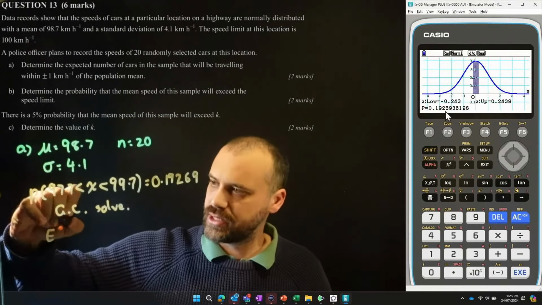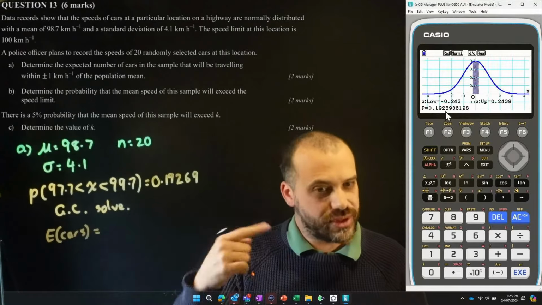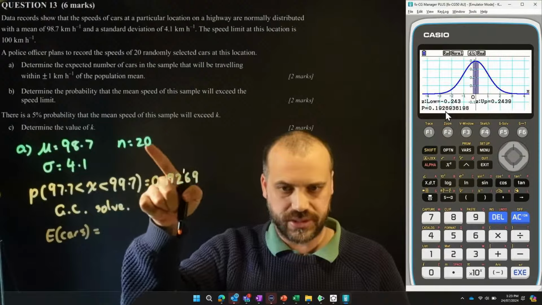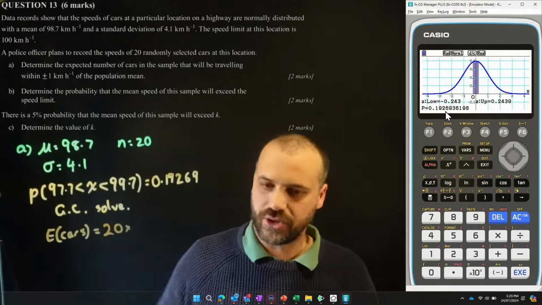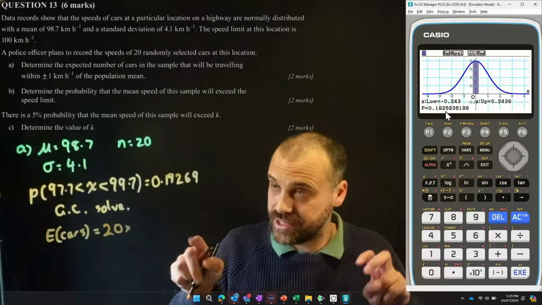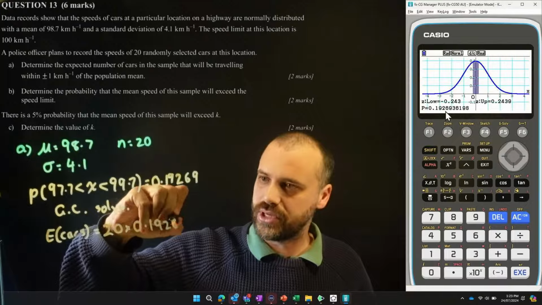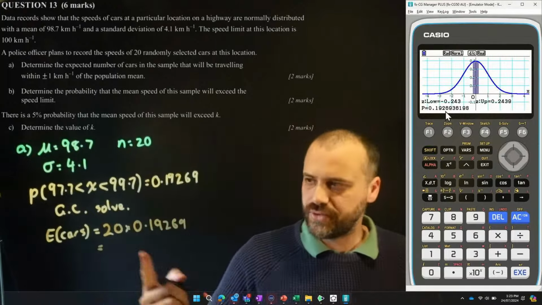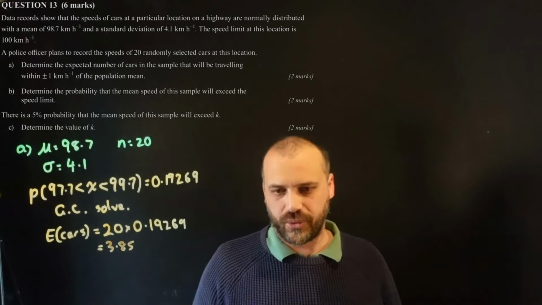So the expected number of cars is going to be equal to, and this is the first time when the sample comes into play, the number of cars travelling times the probability of success, the probability of them travelling plus or minus 1 kilometre. So if I type this into my calculator, I get an expected value of 3.85 cars.